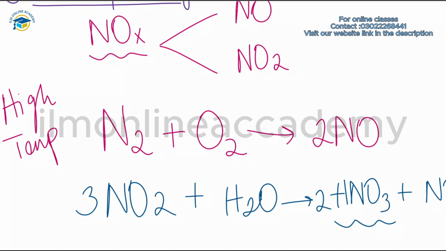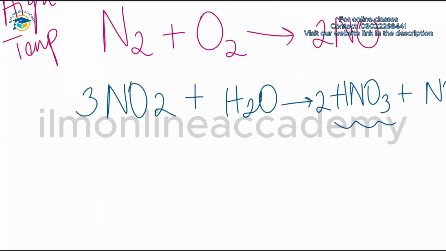Acid is produced, so like sulfur dioxide, oxides of nitrogen are also responsible for the formation of acid rain. The second problem linked to the increased level of oxides of nitrogen is the formation of photochemical smog.